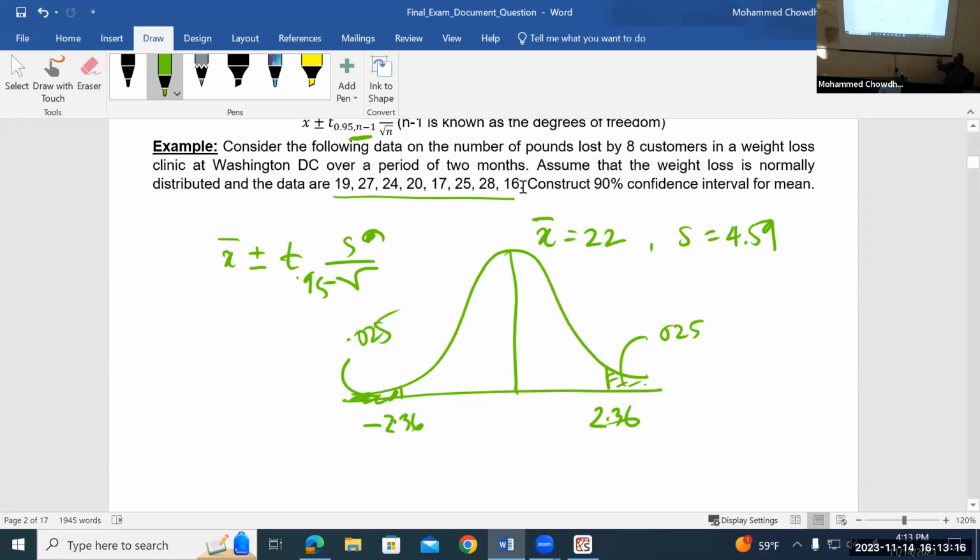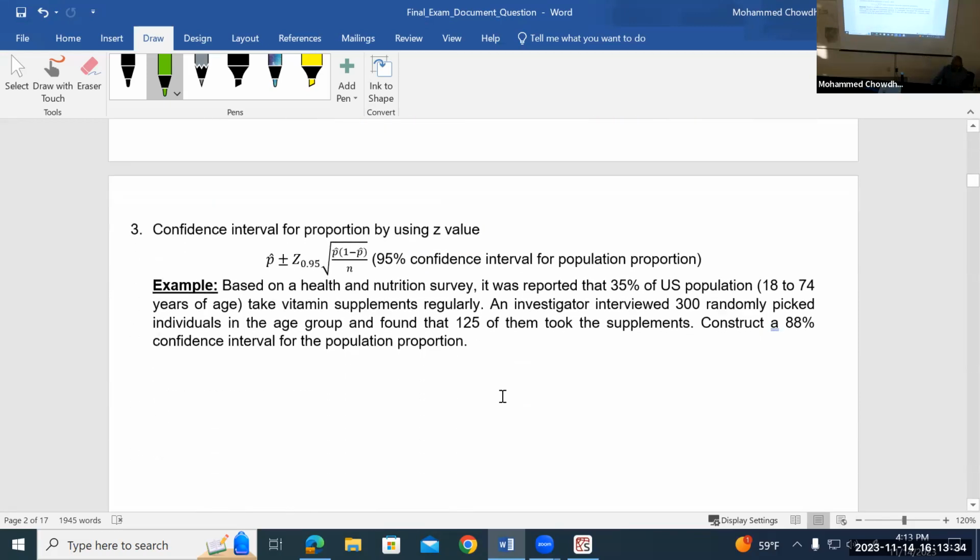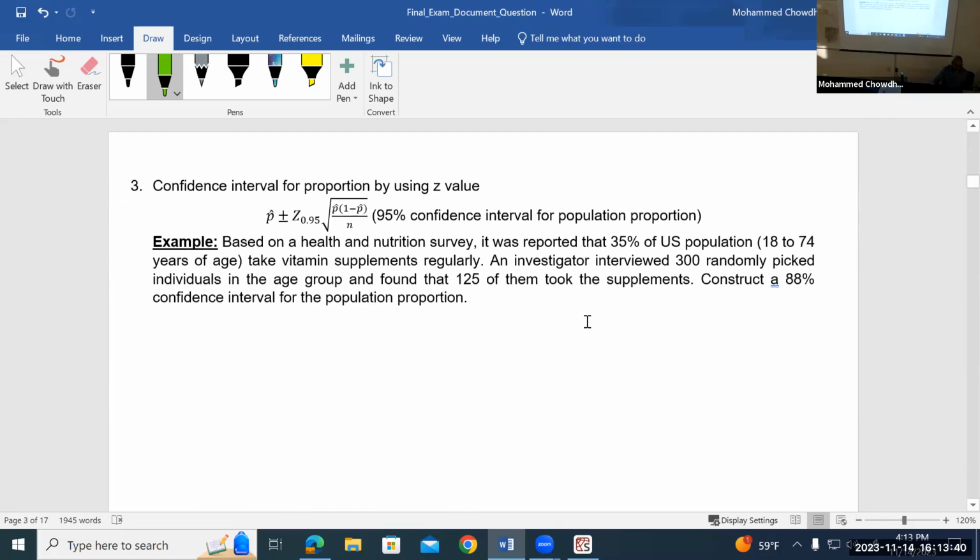So these are what we learned: confidence interval for the mean when sample size n is greater than 30, and confidence interval for the mean when samples are less than 30. One I use Z distribution, another one I use T distribution. Now third problem we are going to learn: confidence interval for the proportion. And after that we will start test of hypothesis.